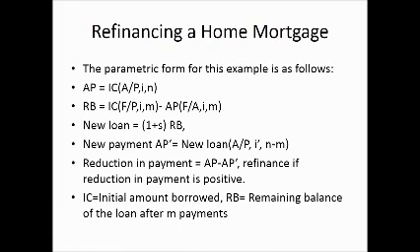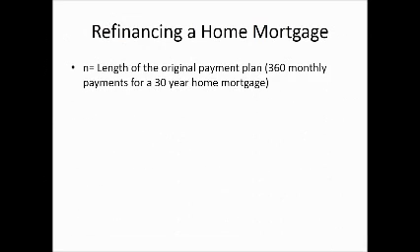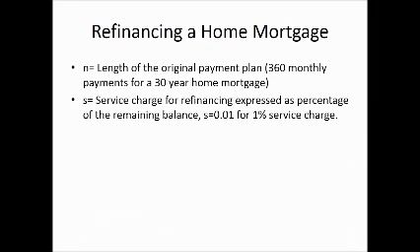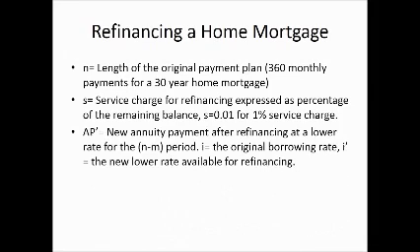And here are the terms I have used. IC is the initial amount borrowed, RB remaining balance, N is the length of the original payment plan, 360 monthly payments for a 30-year home mortgage, S is the service charge, you just talked about it, and AP prime is the new annuity payment after refinancing at a lower rate.